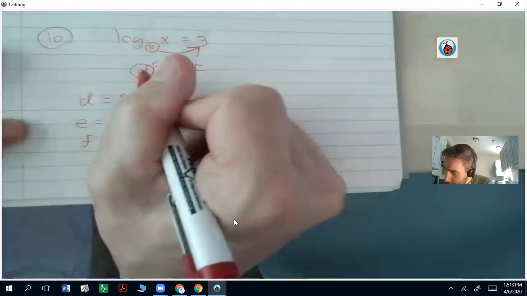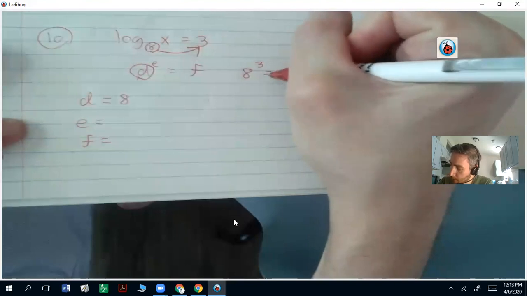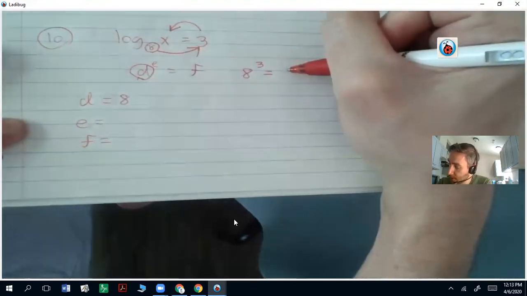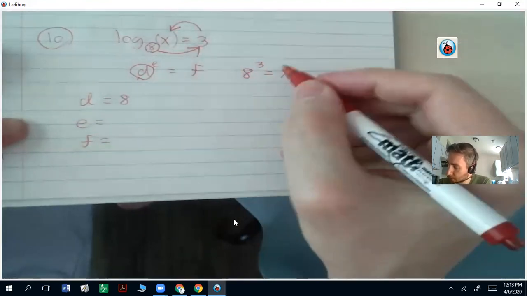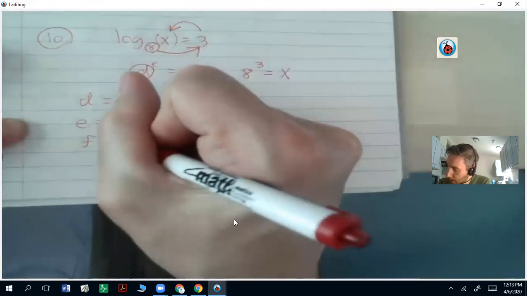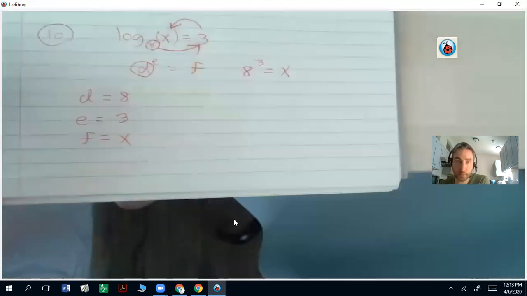And then we come back and say equals what's in the log. In this case, it's just x. So 8 to the third power equals x. So it'd be 8, 3, and x. Basically, go in order, 8, and then switch these up, 8, 3, and x.